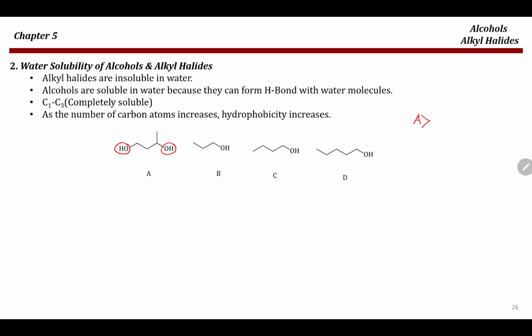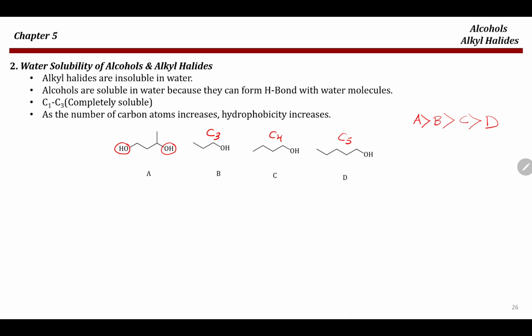Now, with respect to the other ones, you have to count the number of carbons. This is a C3 compound, this is C4, and this is a C5 compound. Remember that solubility is opposite to boiling point. So in this case, increasing the number of carbons will decrease the solubility, and that's why B is expected to have higher solubility than C, than D.